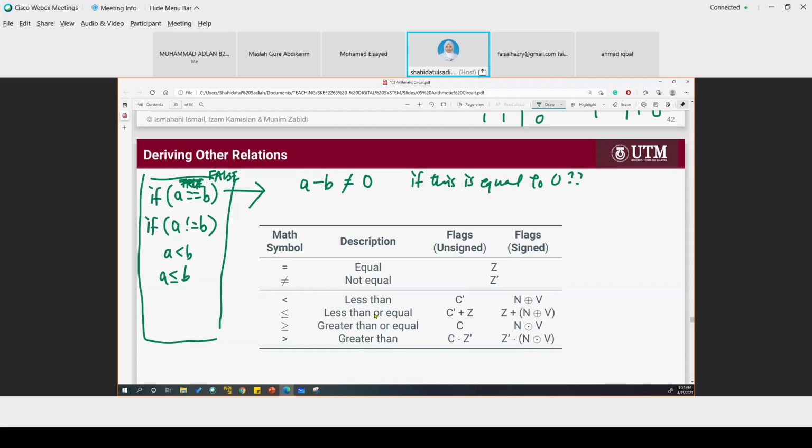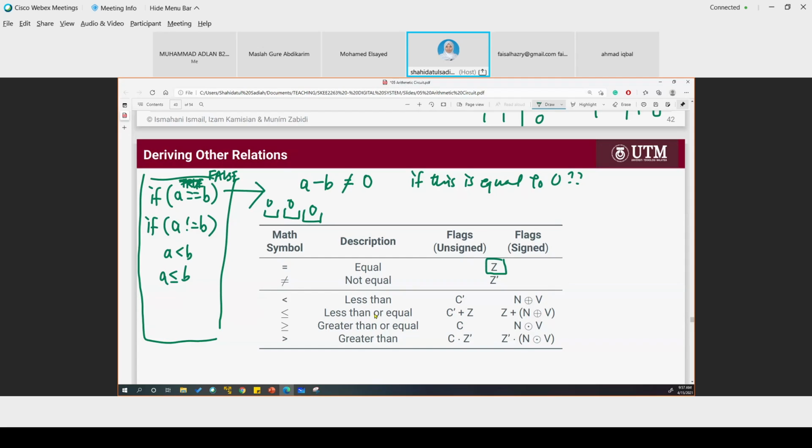When the result of A minus B is 0, the Z flag will be set to 1. So the hardware will only check one bit here, bit Z, instead of checking every bit. If you are doing 32-bit calculation, that will be very long checking. You have to check 32 bits to see that all bits are 0.